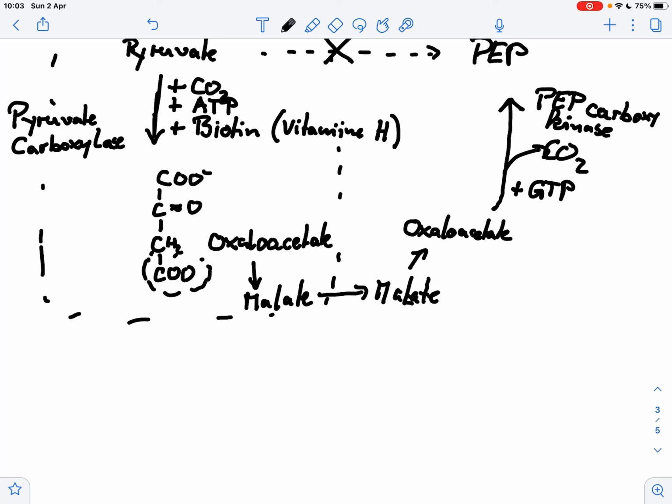So this enzyme removes this carbon dioxide here. It removes this COO group that the pyruvate carboxylase has attached. In the cytoplasm, this carboxy group is removed, and with the help of GTP, we then generate this phosphoenol pyruvate.